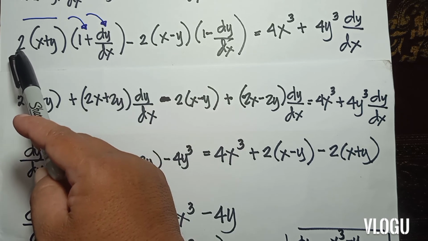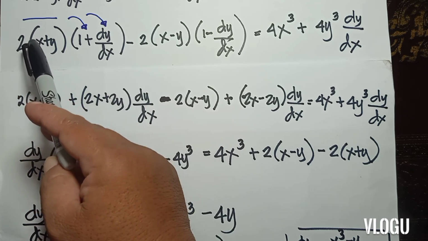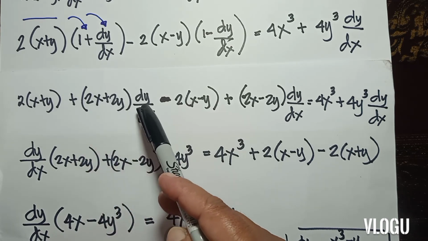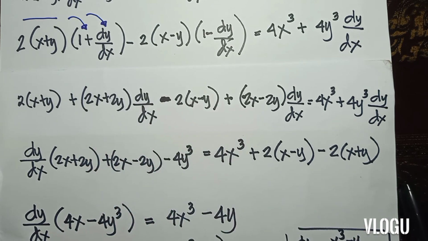So you can distribute 2 inside x plus y. So that's the reason you will have 2x plus 2y times dy/dx.